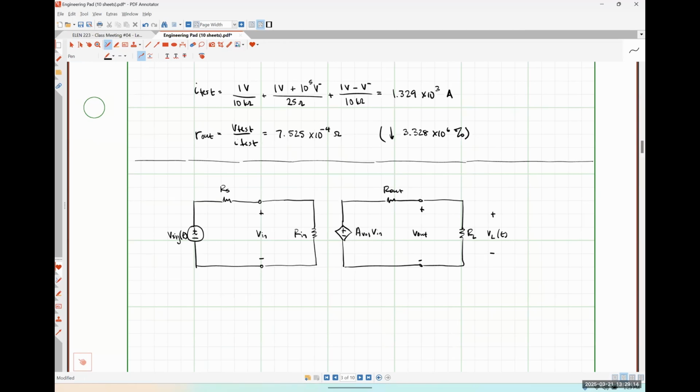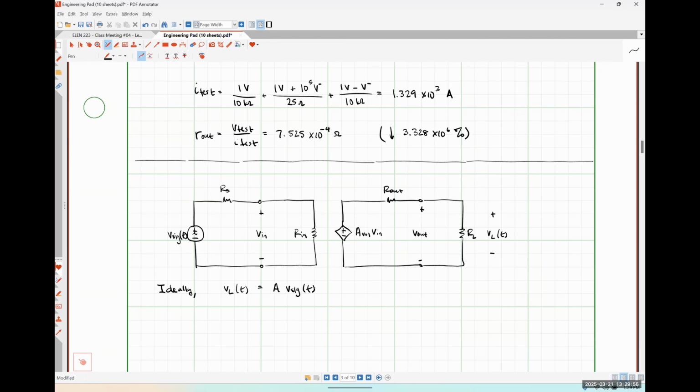And I believe we stated that ideally, VL will be equal to a scaled version, so some amplification factor of V sig. So if I want VL to be exactly equal to some amplification factor times V sig, how could I make that happen?